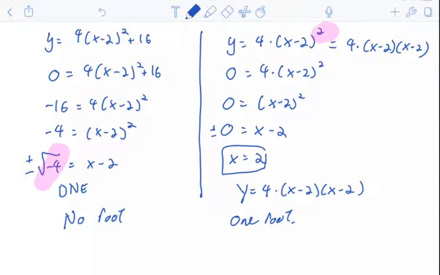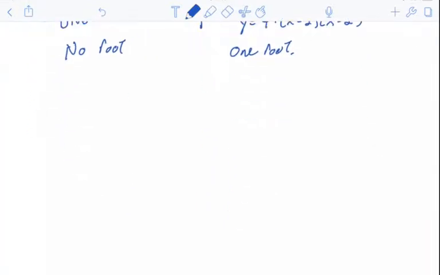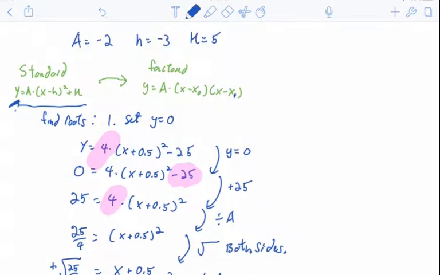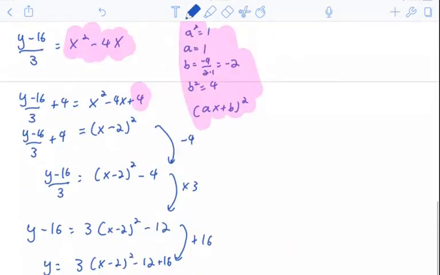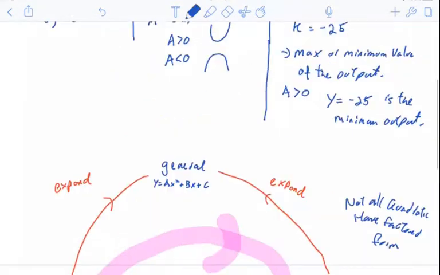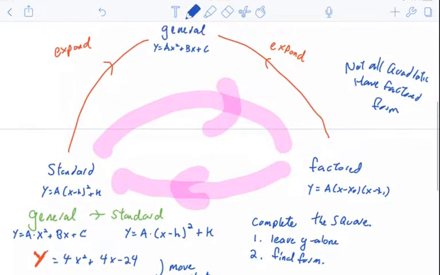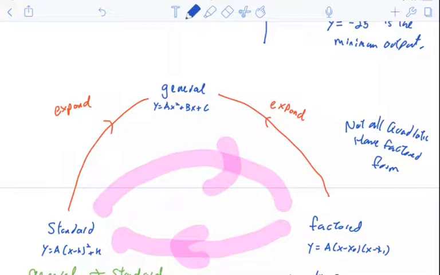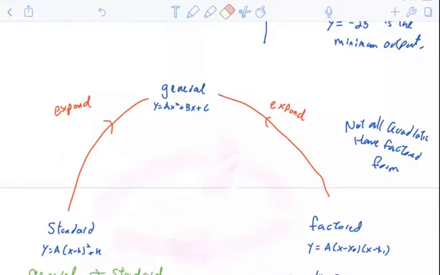Okay. Now, at the start of this, I mentioned that each of the different forms... Well, hold on. Let's take stock. What do you know how to do now?